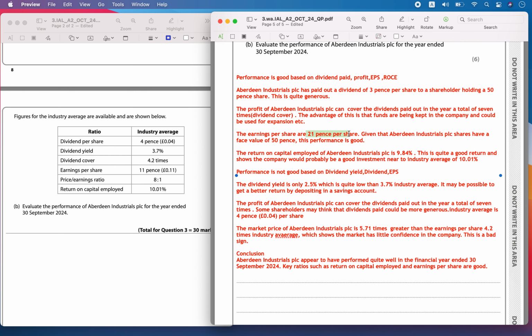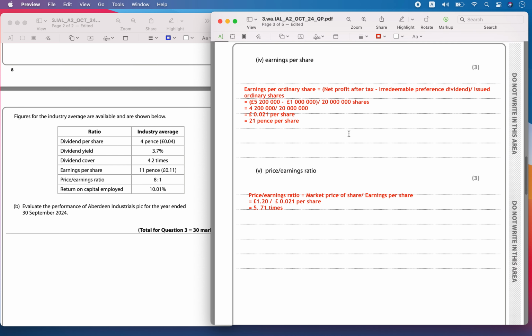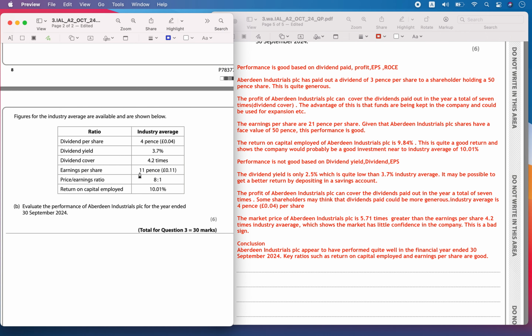Then earnings per share, we had calculated, was 21 pence per share, and the industry average is around 11 pence. Given that Aberdeen Industrial PLC shares have a face value of 50 pence, this performance is good.